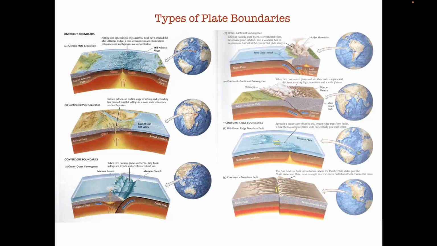So these two plates are diverging, creating this mid-Atlantic ridge, a rifting, and multiple small chains of volcanoes, or you can say ocean mountains, are created because of this rifting between the North American plate and the Eurasian plate.